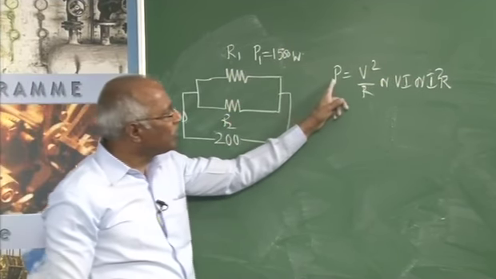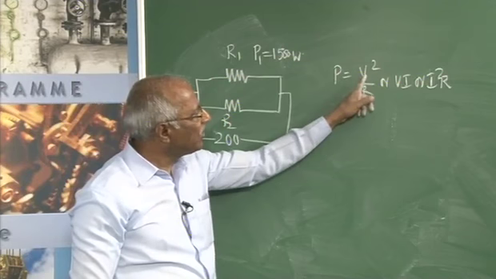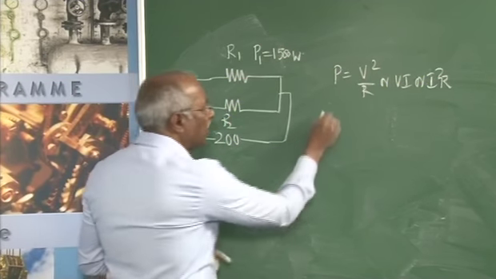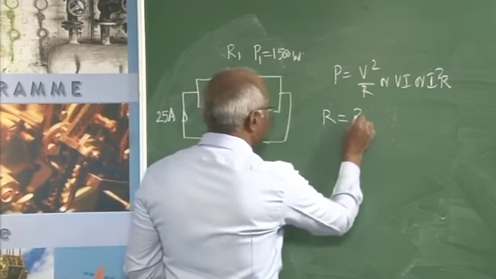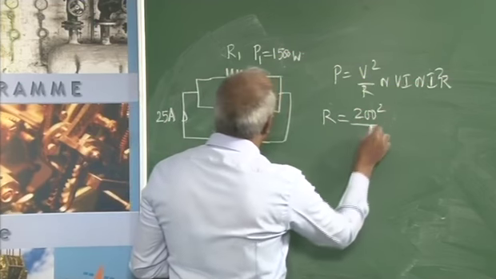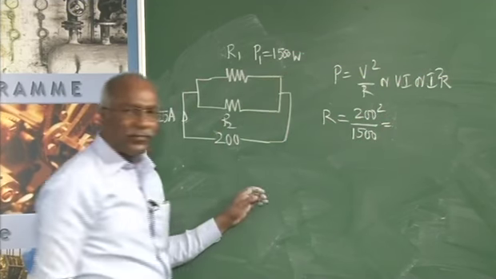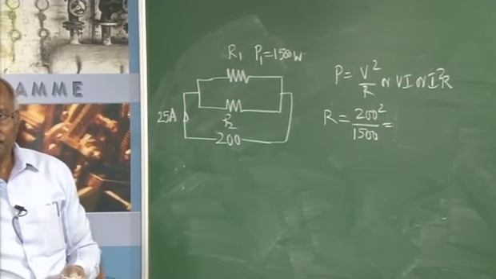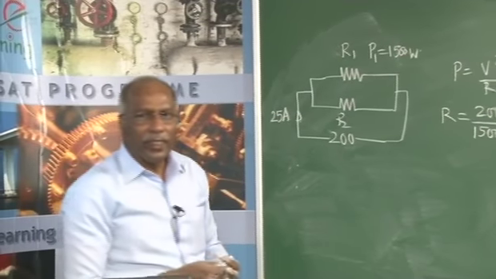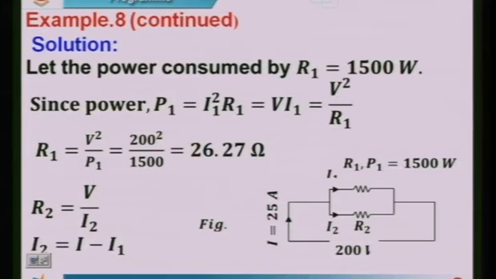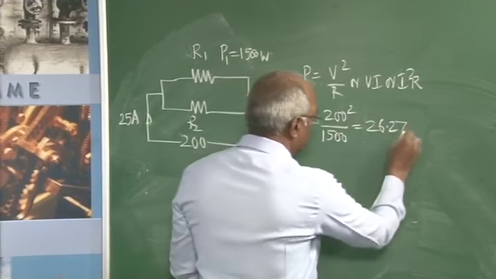We know V, we know P, so we can find out what is R. R will be equal to V square, 200 square divided by 1500. This comes to 26.27 ohm.